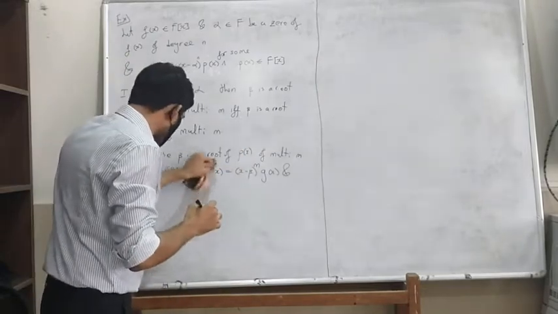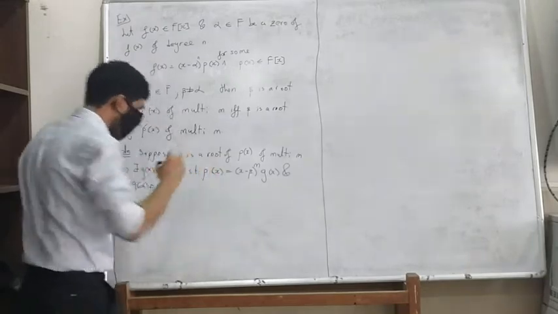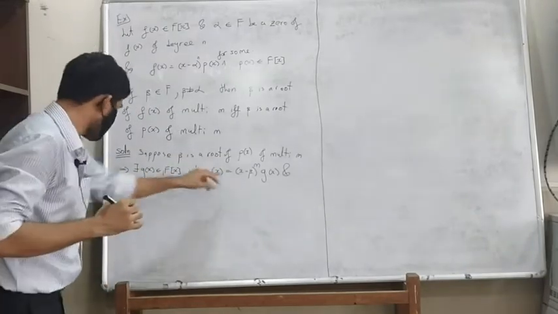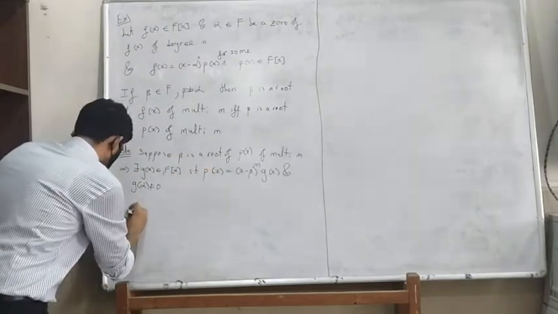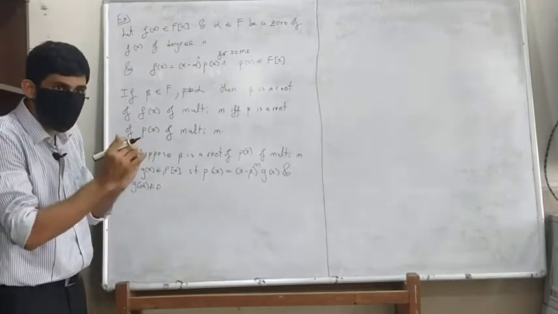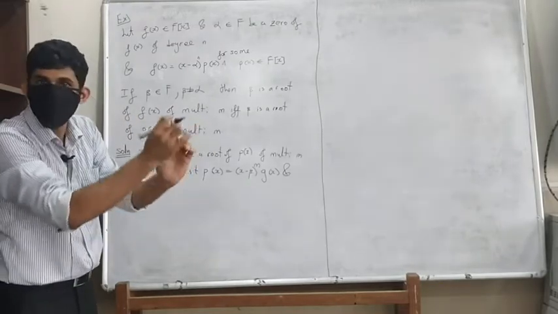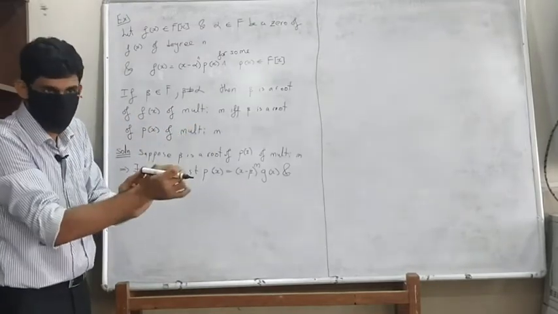So I can write, this is very easy to see, p of x in this way. Okay. Now what can we do? See, what's the intention? Write f of x as x minus beta raised to m times some polynomial such that beta is not a root of that polynomial.